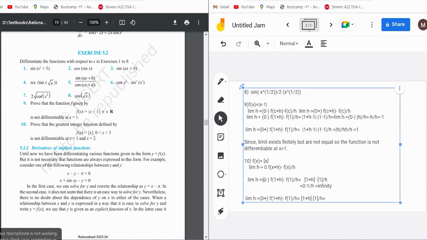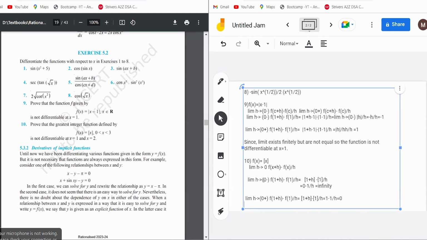So GIF of that thing would be 1, minus 1, divided by h. So from here we are getting 0. So we can easily see the limit value is not equal, and even the limit does not exist when h is tending to 0 minus. So using these two things, I can easily say that my function is not differentiable at x equal to 1.